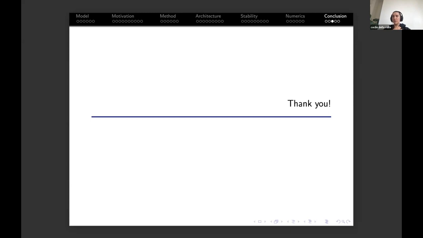Depending on your operator and the regularization operator that you choose, it might be difficult to have the diagonalization in the same basis. It means that the two operators commute. It was the case in our application, but it can also be a limit to this method. I don't know if that answers your question.